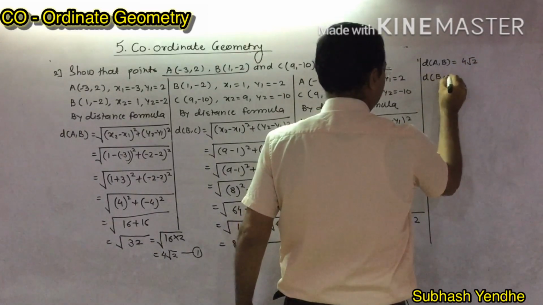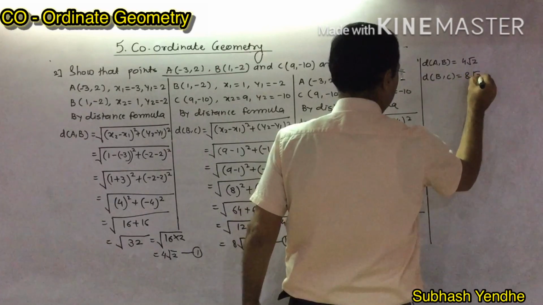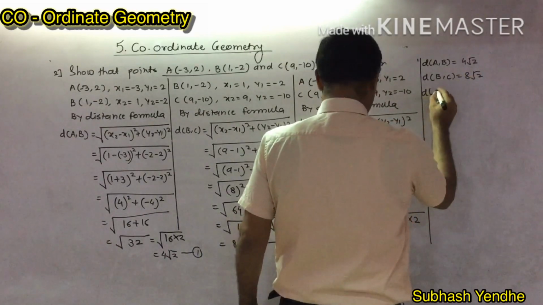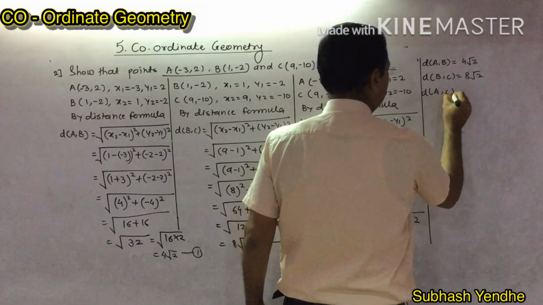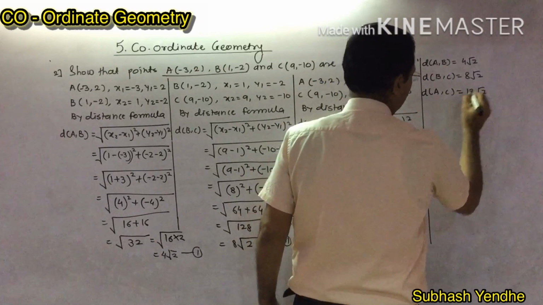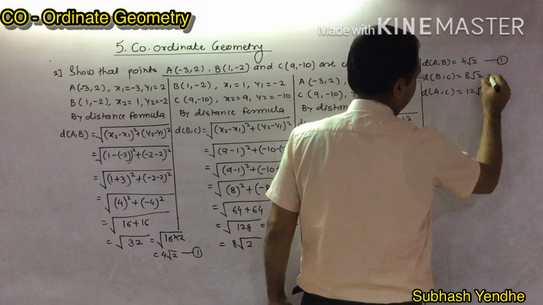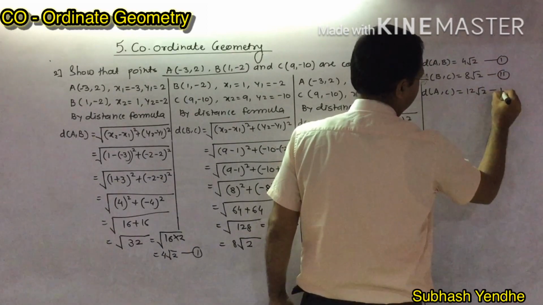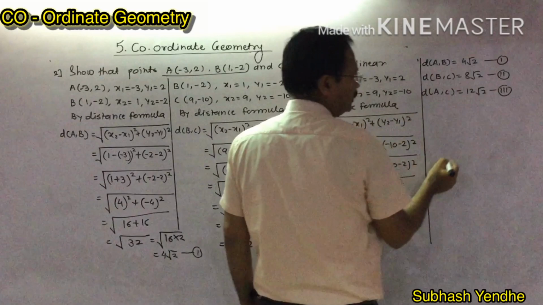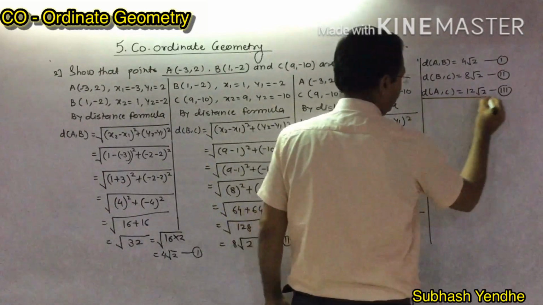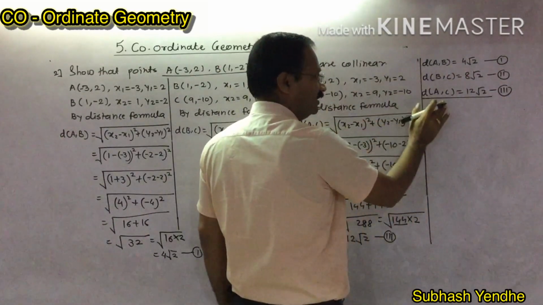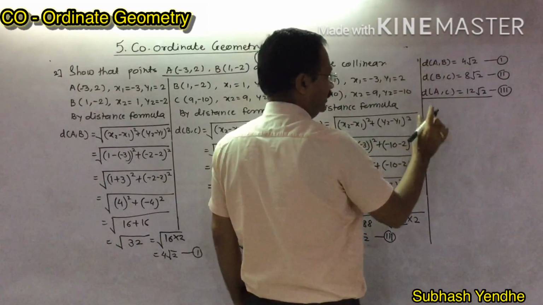Then distance BC equals 8 root 2. And distance AC equals 12 root 2. Okay, so this is our first number, then this is the second one, and this is the third one. So which is the larger one? Distance AC. Keep it as it is and add the remaining two.